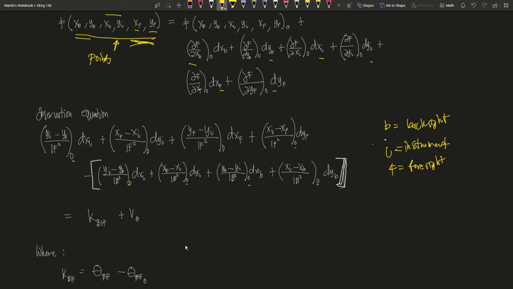K here is the observed angle minus your computed or approximate angle.